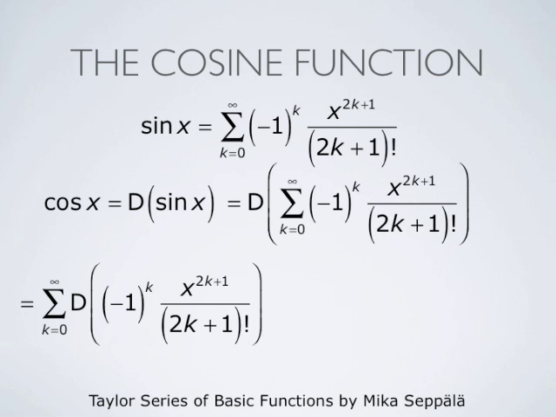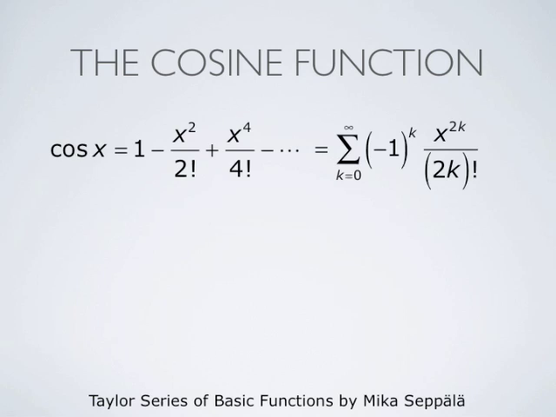But here 2k+1 cancels out, and we observe that this derivative is simply (-1)^k x^(2k) divided by (2k) factorial. Therefore, we conclude that cosine of x equals 1 minus x squared over 2 factorial plus x to the 4th over 4 factorial minus, and so forth.